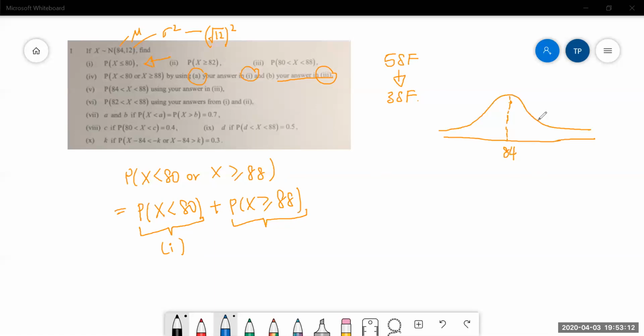If you look here, 80 is somewhere here, 88 is somewhere here. This is my answer for part 1, and this is my answer for part 3.